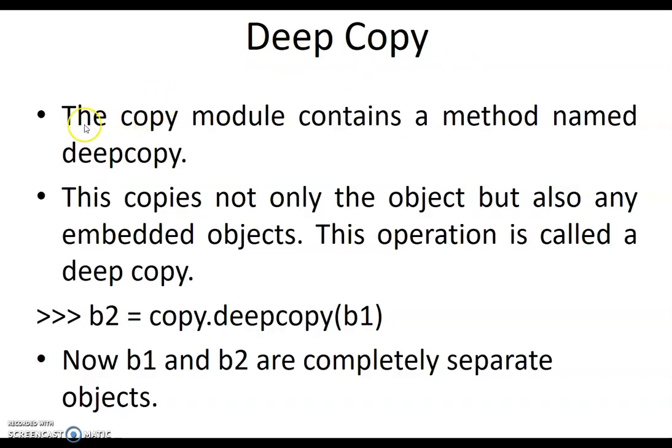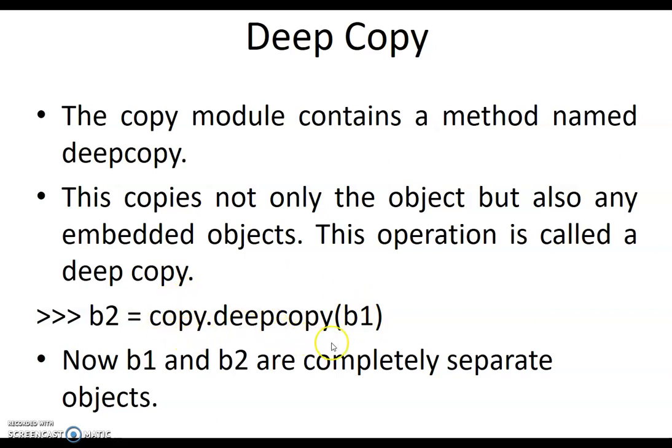Deep copy. The copy module contains a method named deepcopy. This copies not only the object but also any embedded objects. This operation is called a deep copy. For example, if B2 is the object which we have created and we already have an object B1, we need to copy the content of B1 into B2.